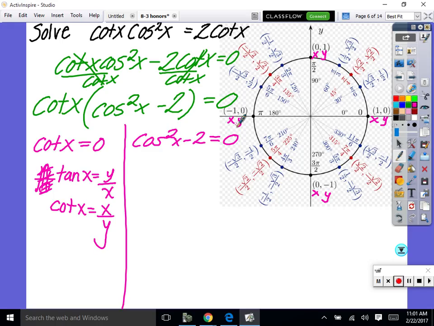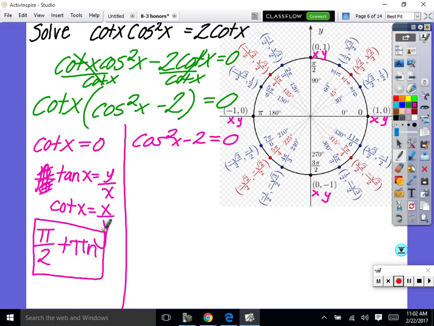So that's one of our solutions. Now cotangent, so we would say pi over 2 is an answer. Now technically, isn't 3 pi over 2 also a solution? However, that's one of the repeats, because if tangent has a period of pi, so does cotangent. So we would only need to write pi over 2 plus pi n. So there's a solution.